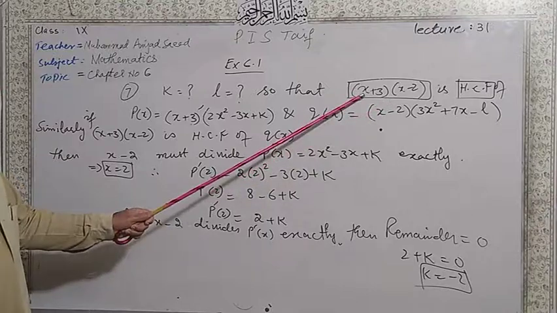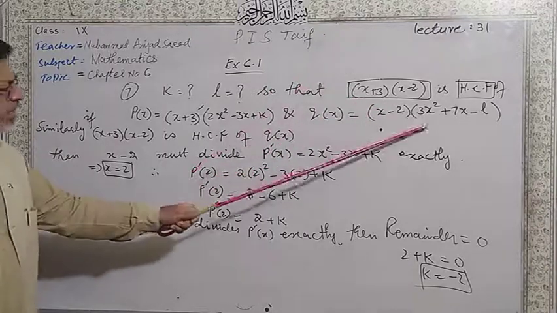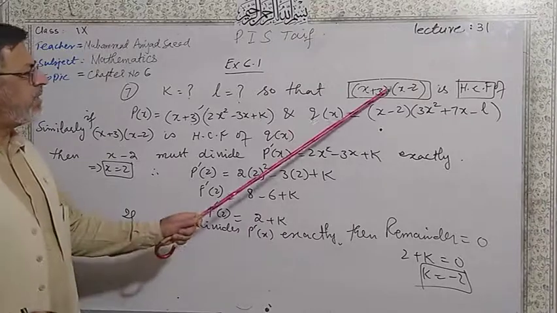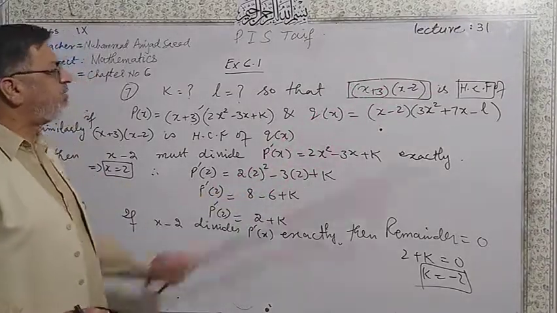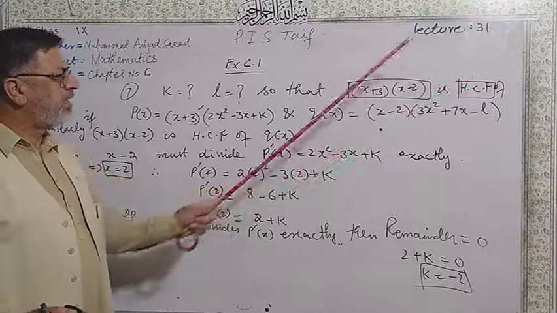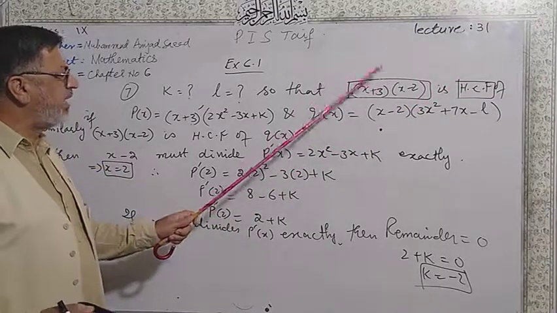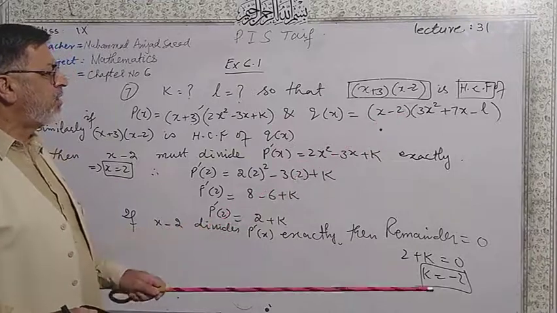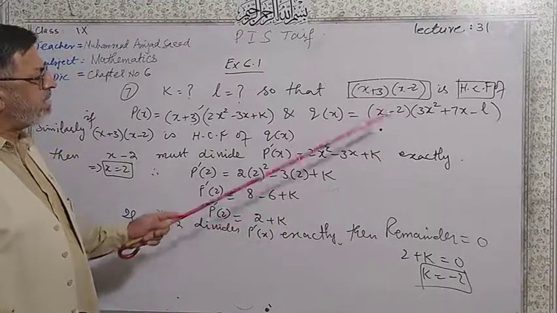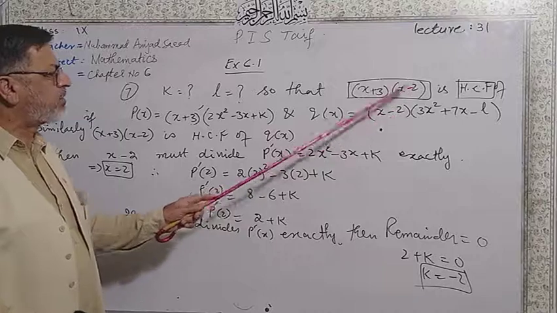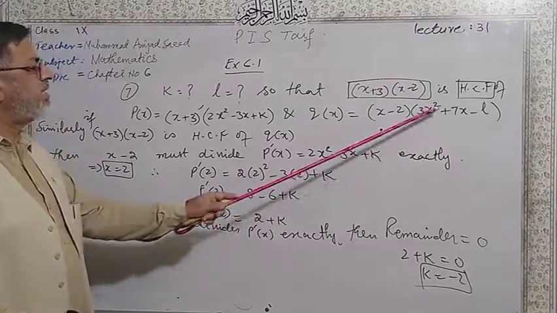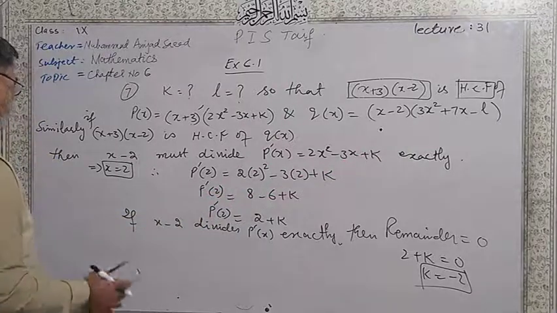So x plus 3 must divide exactly that part. Otherwise, it will not be the part of HCF. Definition of HCF is that this must divide this Q of x exactly. Remainder must be 0. So apparently it can be seen x minus 2 divided by x minus 2. What is left? This is left, and this must be exactly divided by x plus 3.